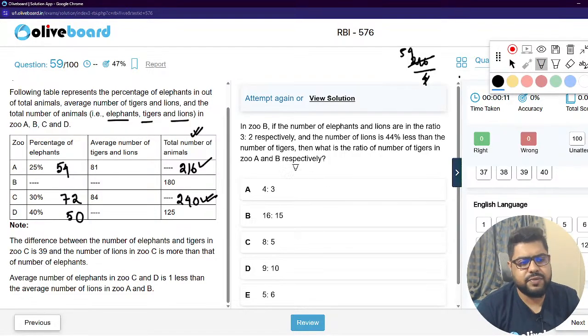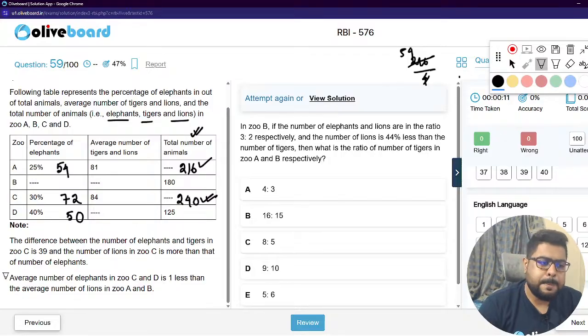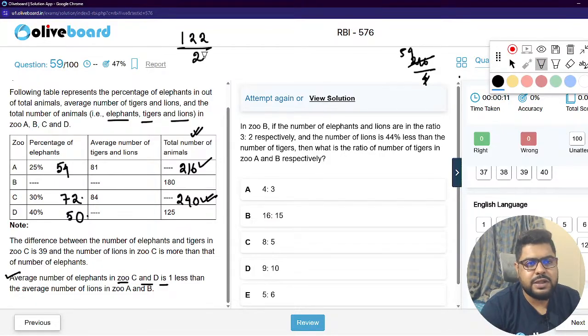Okay, let's do this. Now the average number of elephants in zoo C and D, the average will be 72 plus 50, that is 122, by 2. This is the average.